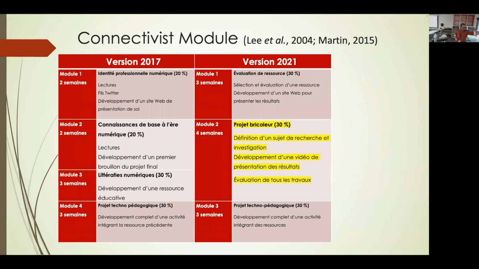In the new module, called a maker project, they had to work in teams, define a research topic, and develop a 10-minute video about this topic to present to the others. They had to assess their video and the videos of the others. That's all, no more.